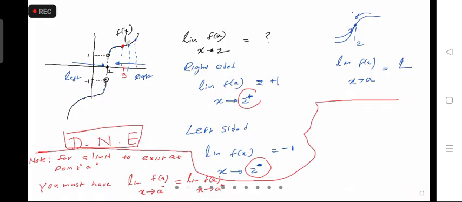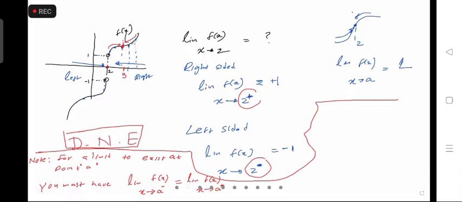Yes, you can, right? You can come from the right hand and from the left hand, and you can see that when you come from both ends you reach one point. But here at the point 2, according to this function, you cannot do this, right?